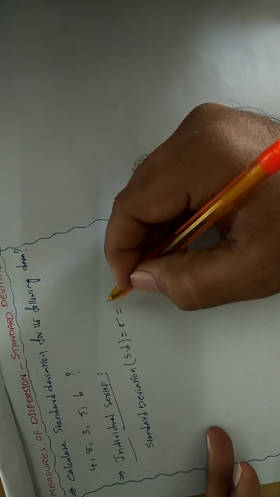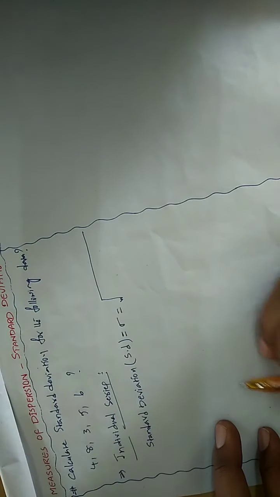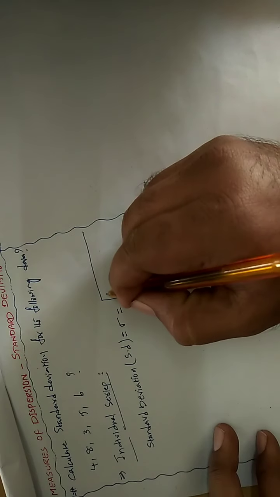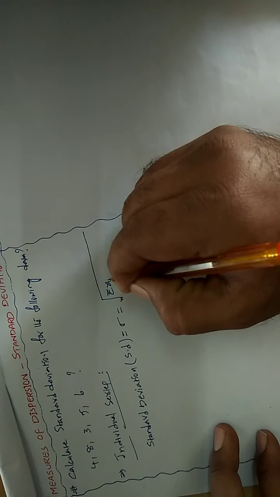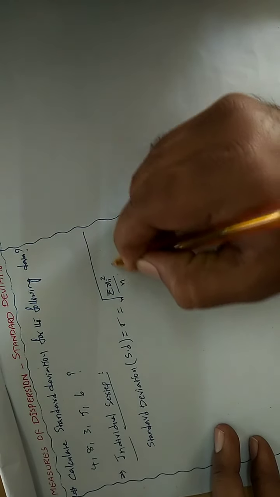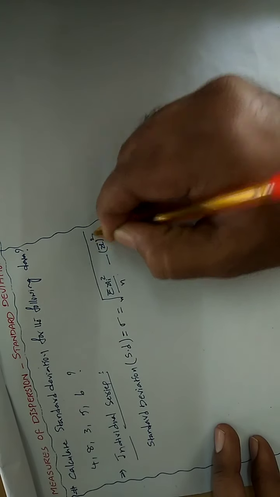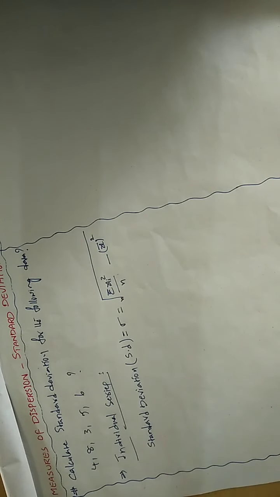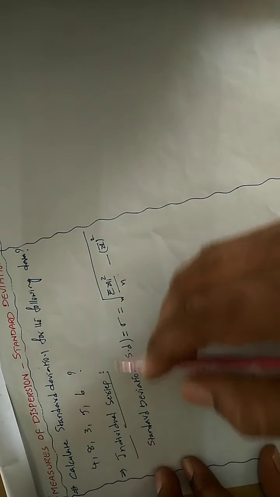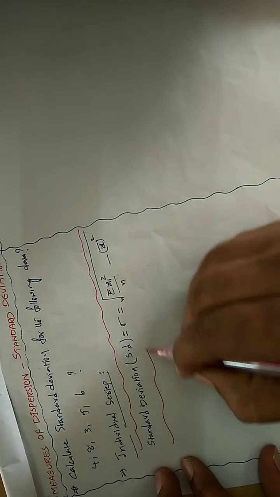So sigma is equal to the square root of sigma xi square whole divided by n, minus x bar whole square. Be careful. This is called the standard deviation formula in the case of individual series.